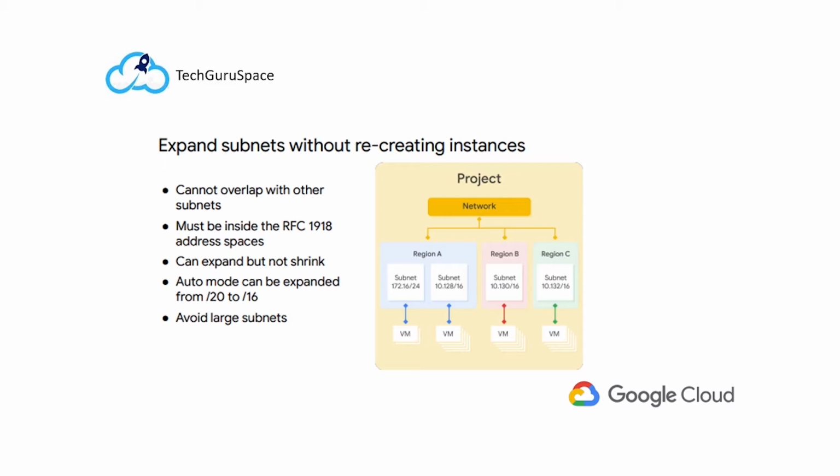Now, auto mode subnets start with a /20 IP range, so they can be expanded to a /16 IP range, but no larger. Alternatively, you can convert the auto mode subnetwork to a custom mode subnetwork to increase the IP range further. Also, avoid creating large subnets.